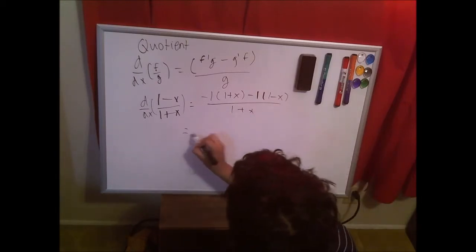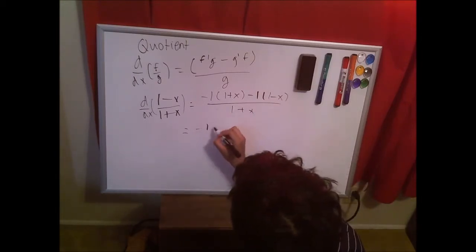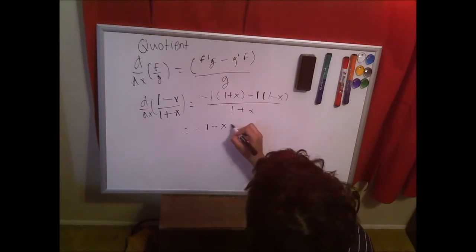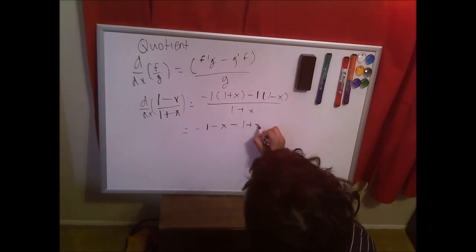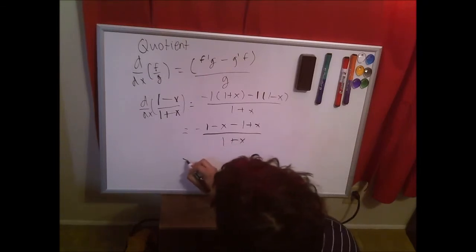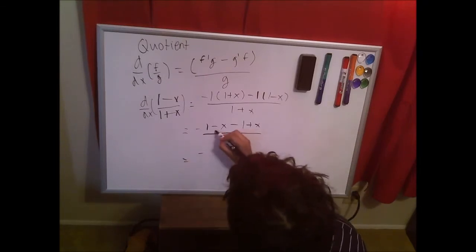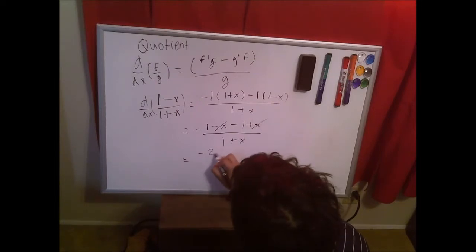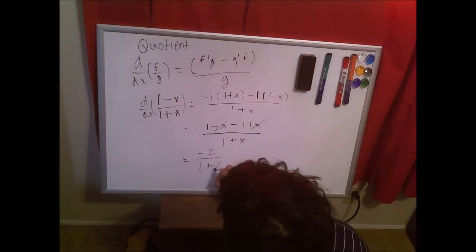Simplifying it, we get negative 1 minus x minus 1 plus x, all over 1 plus x. Simplifying even further, the x crosses out, and we get negative 2 over 1 plus x.